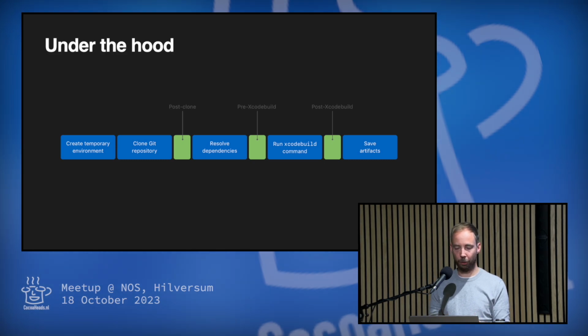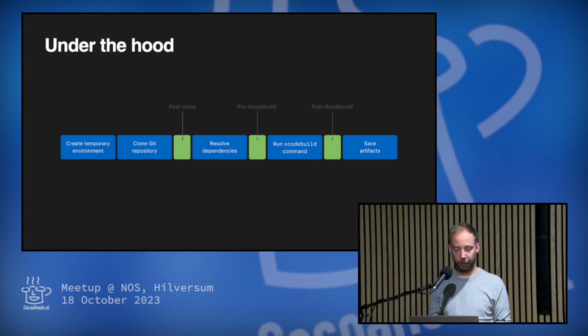That could be included in your project, and I will demo that as well. Then it resolves dependencies, so it downloads, for example, SPM packages and stuff like that. And then it does a pre-build step, so you can process those dependencies, maybe do some stuff with that.